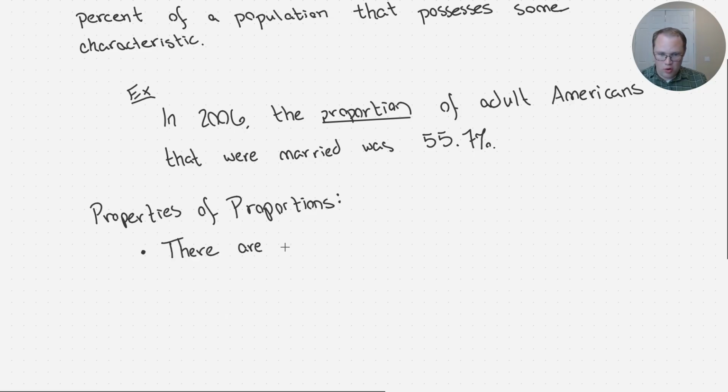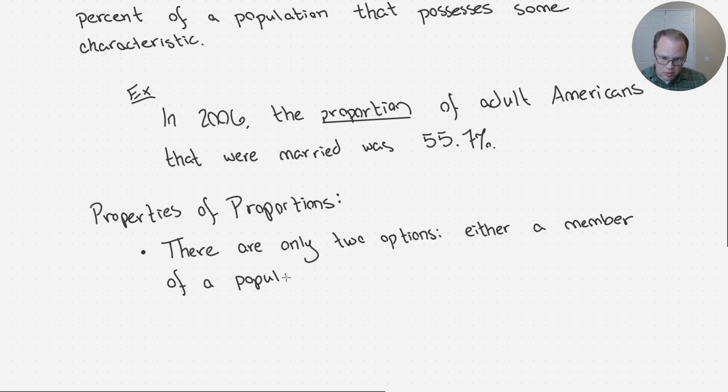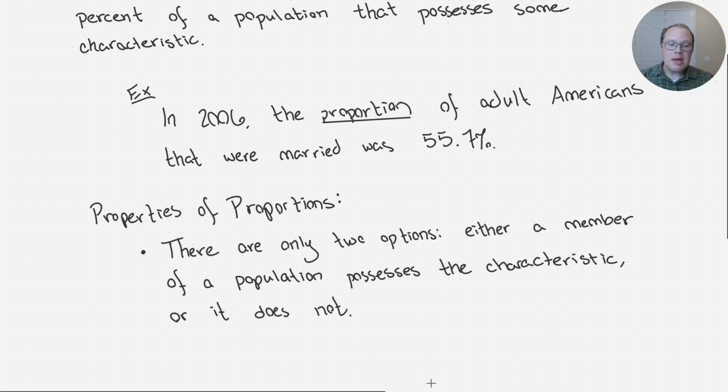There are only two options. Because of this, we can easily also find out what proportion of the population does not possess a characteristic.